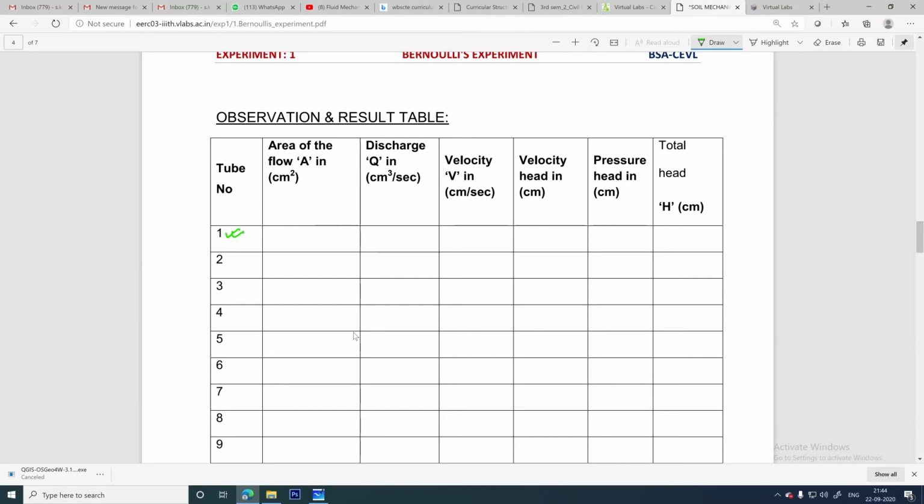For each tube we will determine the total head, that means the total energy. When we determine the values for each tube, we will see all the values of this head are very close or near to the same. Then we can say that Bernoulli's theorem is verified.